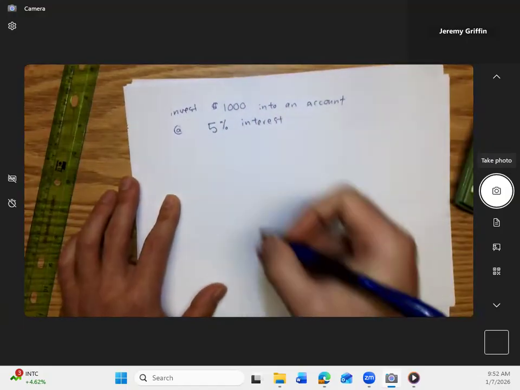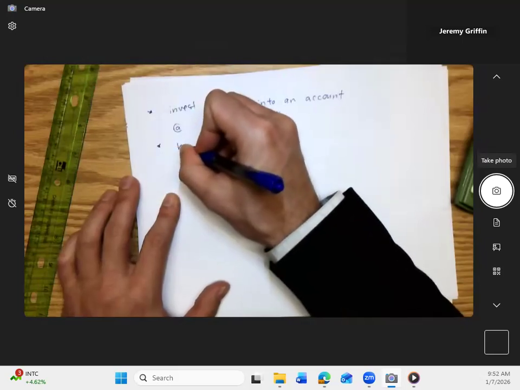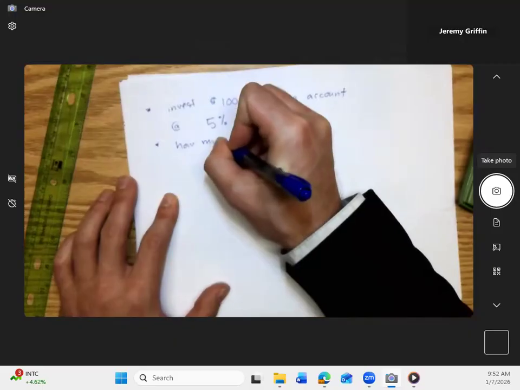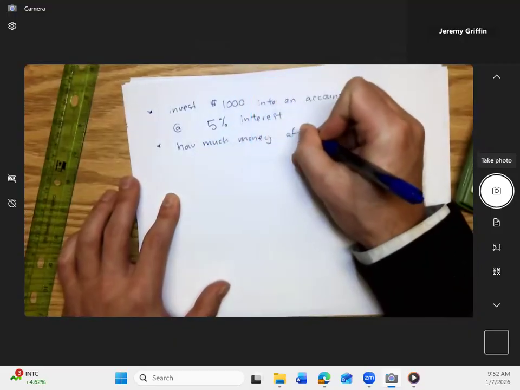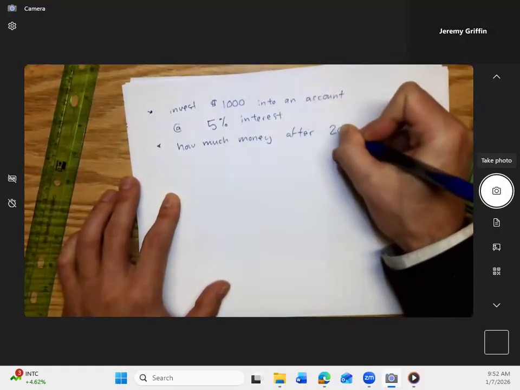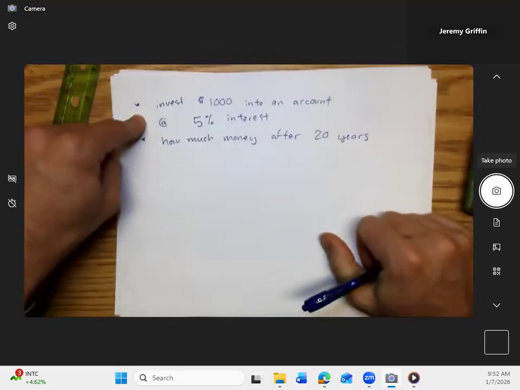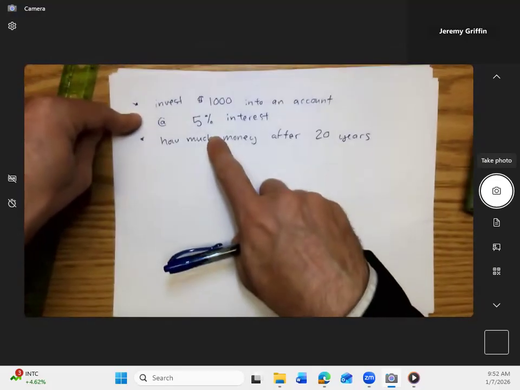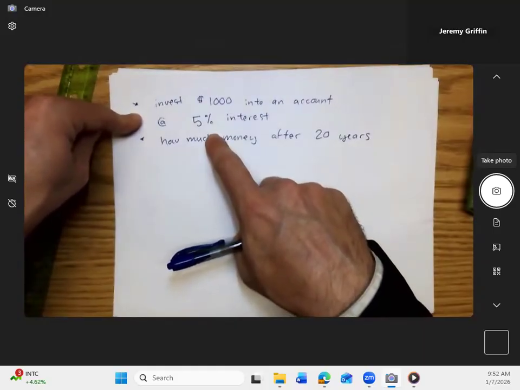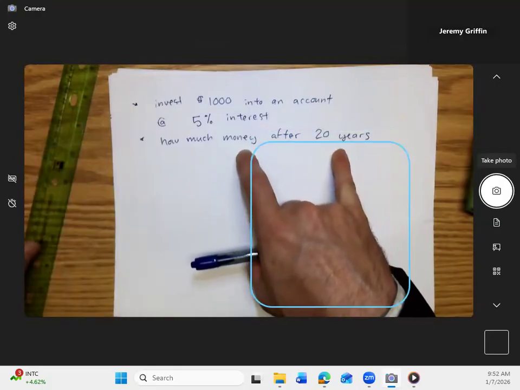My question might be: how much money is in the account after, let's say, 20 years? Say you get $1,000 from your first year on the job, you put it into an account that's going to accumulate 5% interest per year, and then 20 years later, you check on it. How much money's in that account?